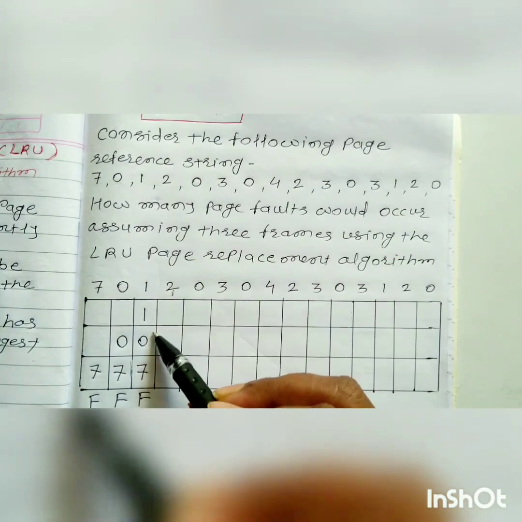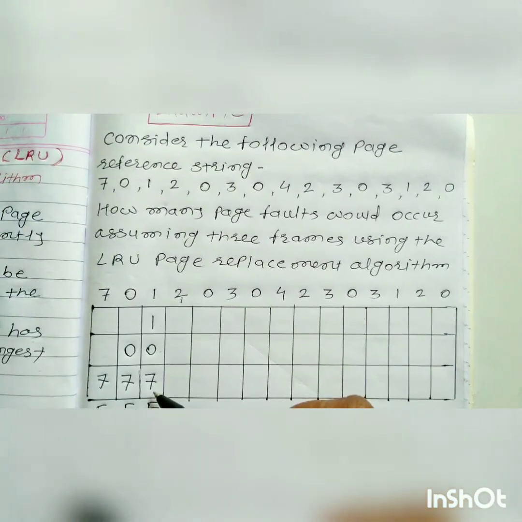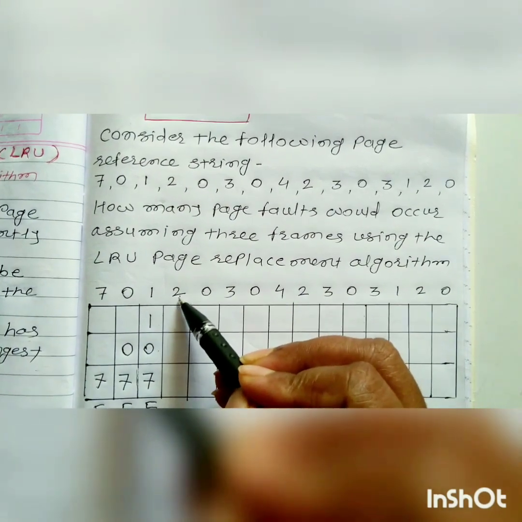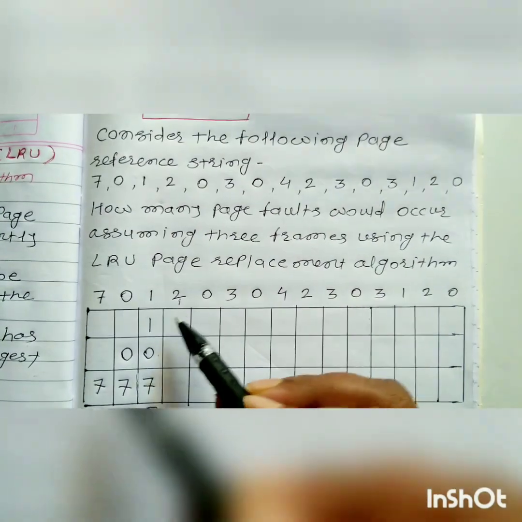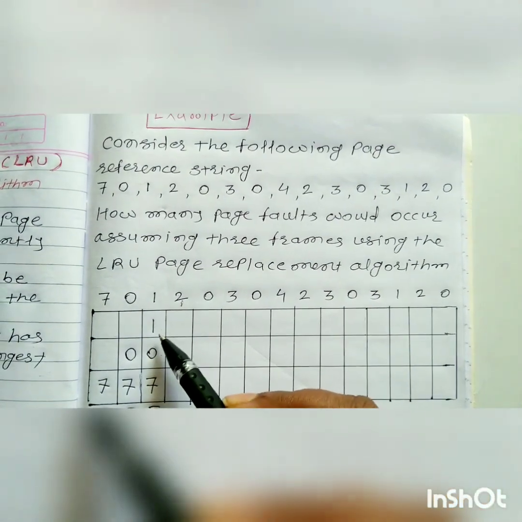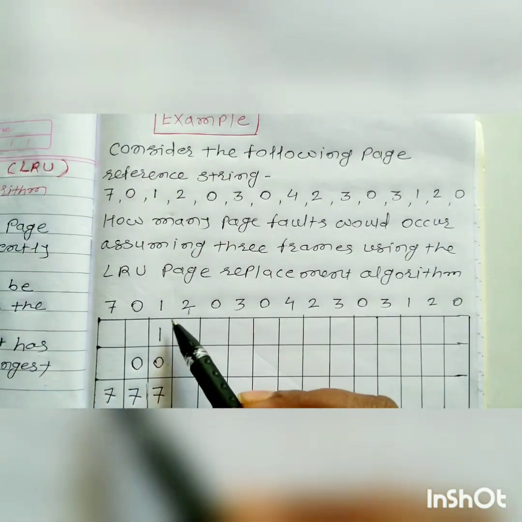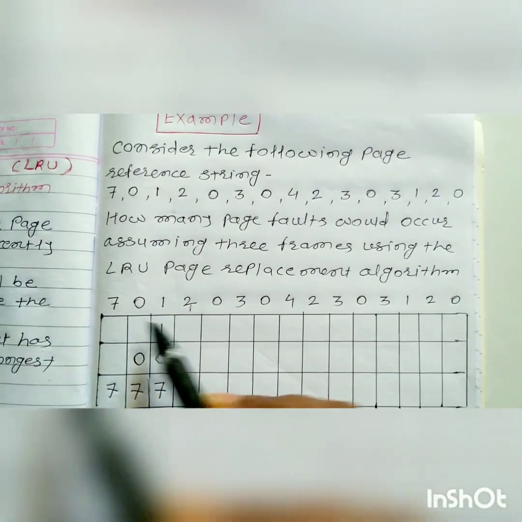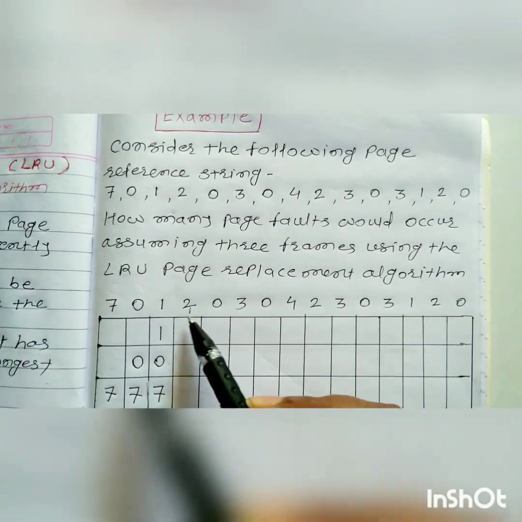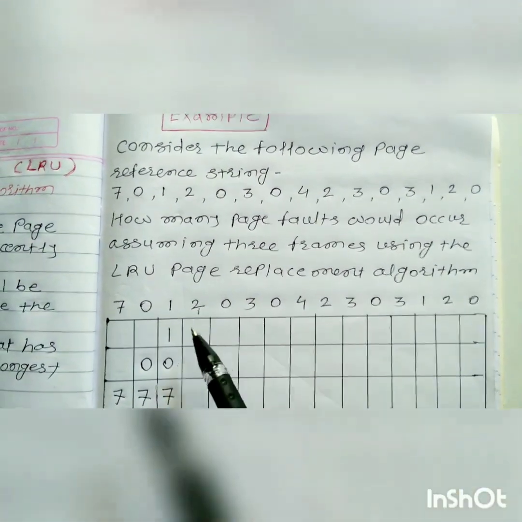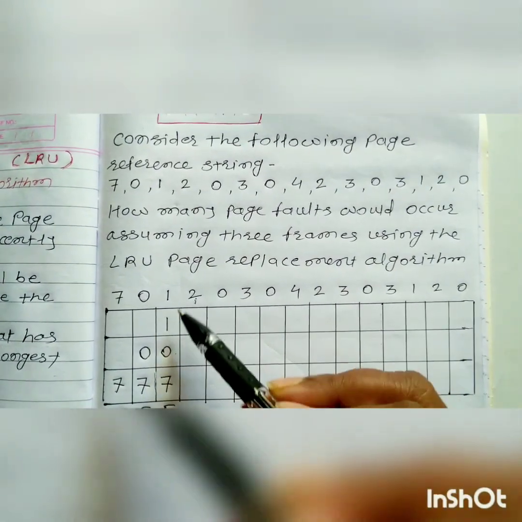Out of these 1, 0, 7, you have to check which page was the least recently used. That means you have to check the left hand side of the page which you want to insert in the main memory.